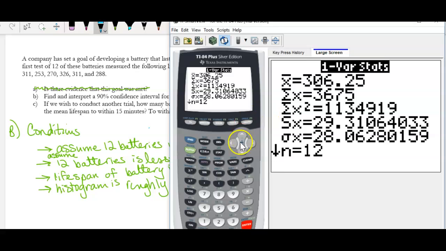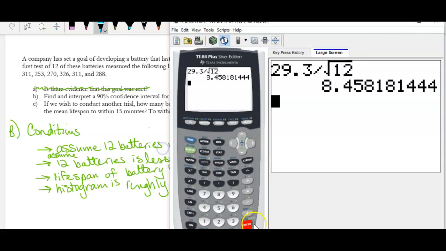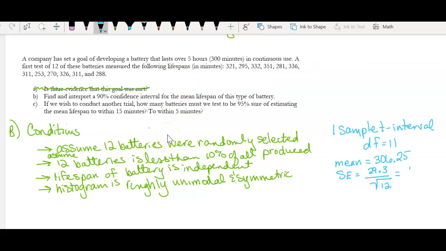So 29.3 divided by the square root of 12. So 8.46, we'll say that. So that's pretty good. Okay, so that kind of gives us our parameters. It tells us what we're doing. Now we have to do the math.